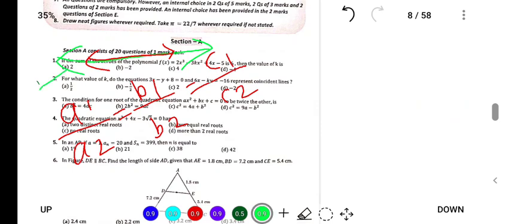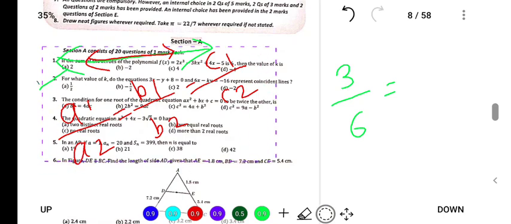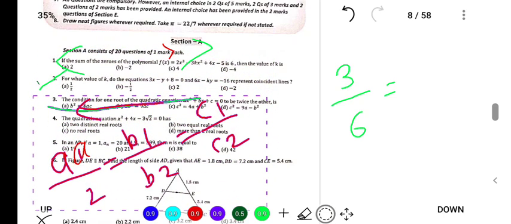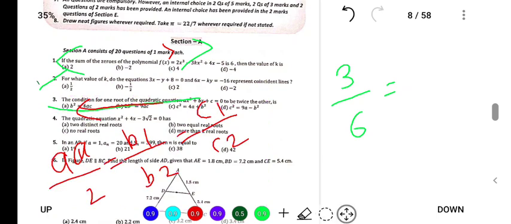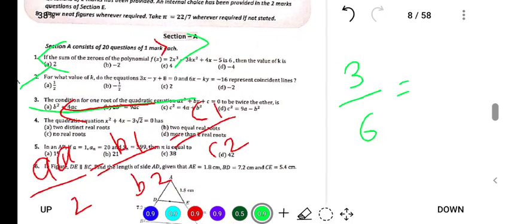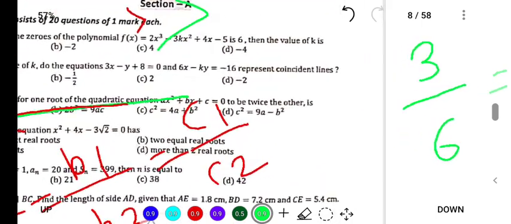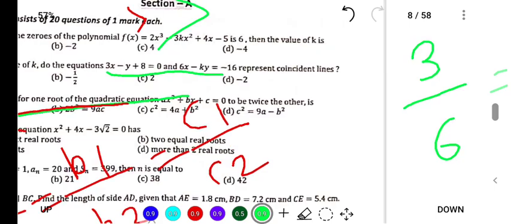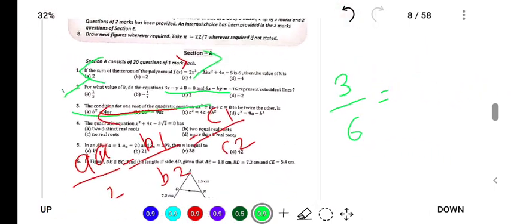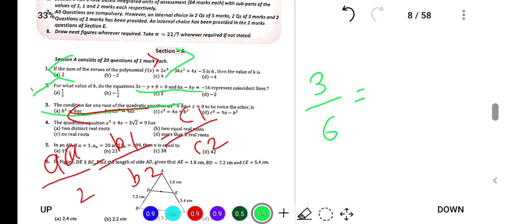So see this question number 2. A1 is 3 and A2 is 6, right?